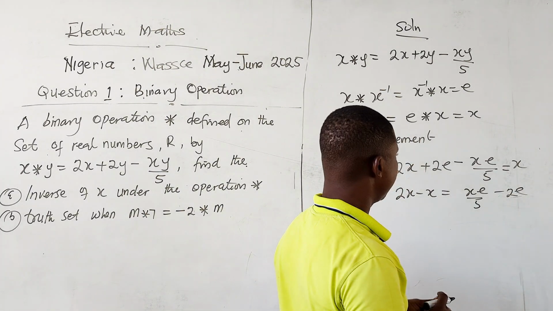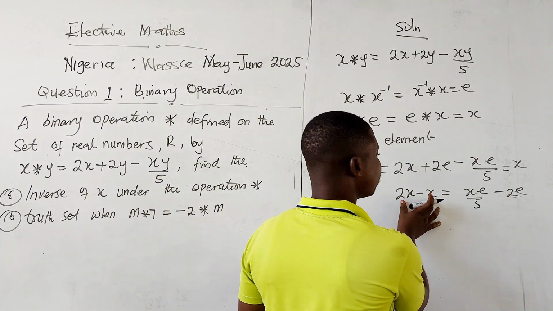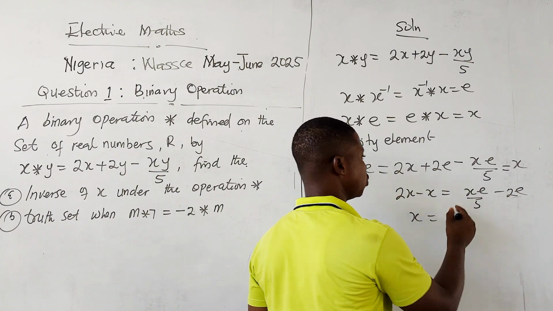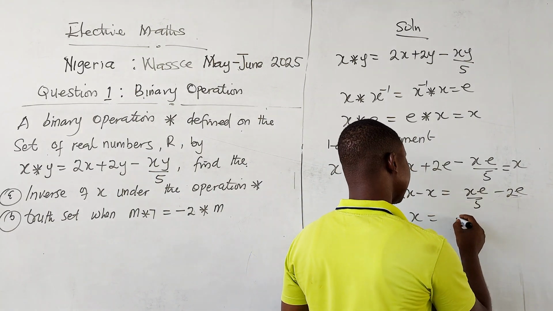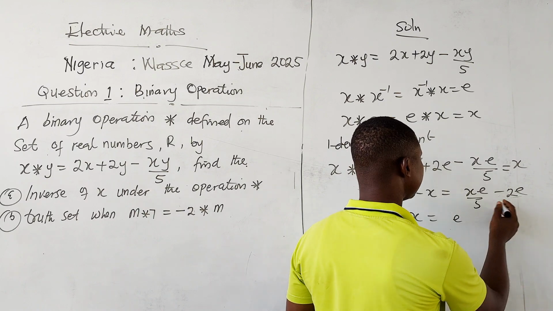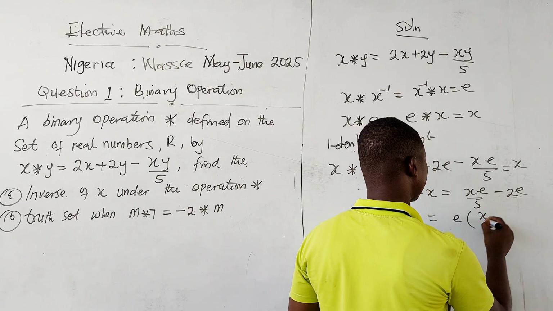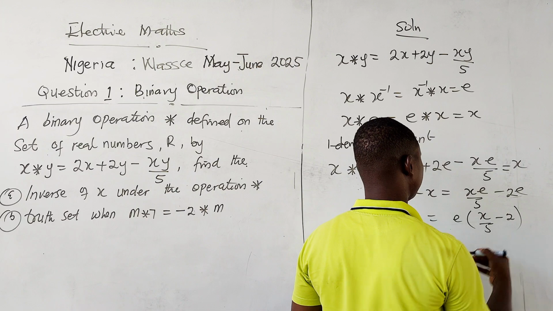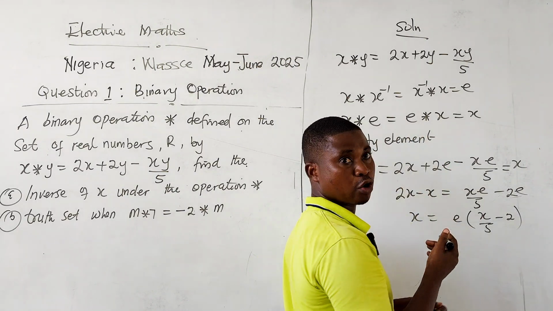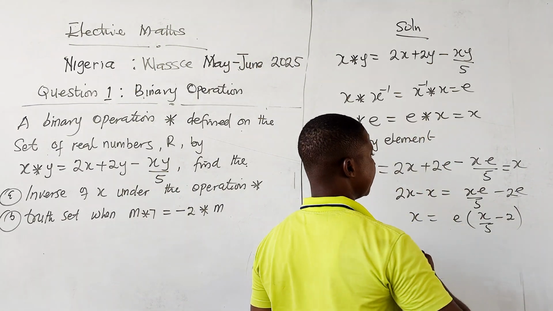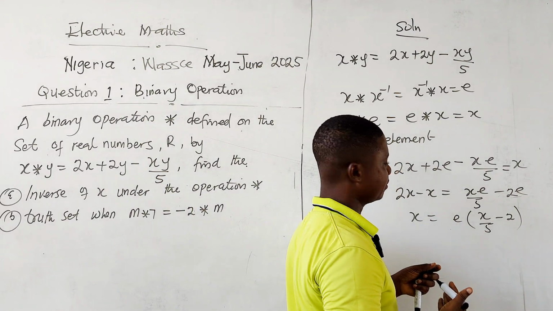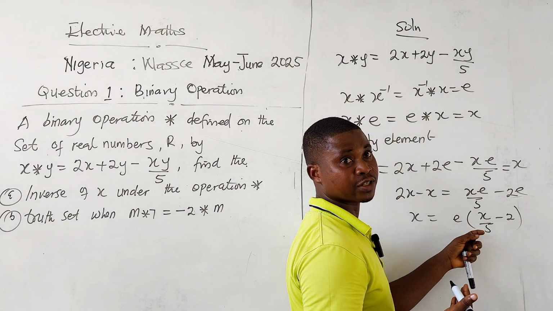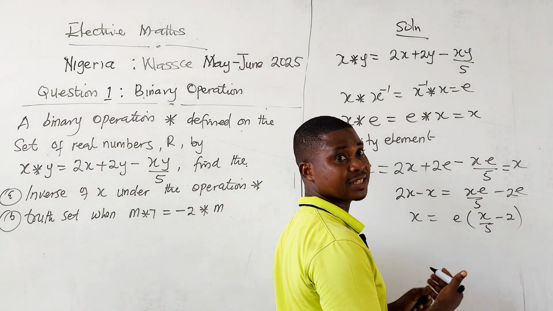So this will give you x is equal to, we factor e out because you want e, into bracket x over 5 minus 2. You want e, so what do you do? You divide both sides by x over 5 minus 2. At first I could even decide to simplify this, but since my concern is e, I can just divide through.